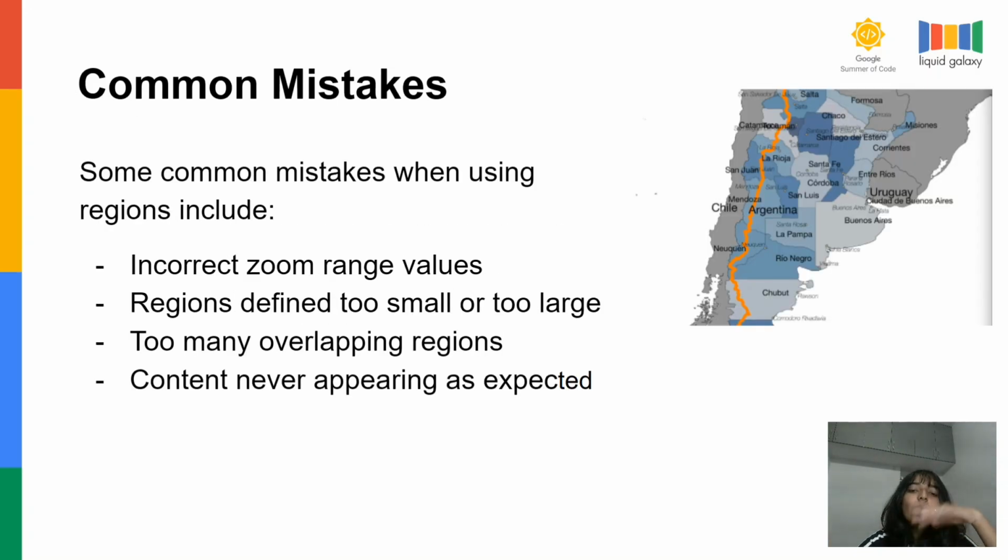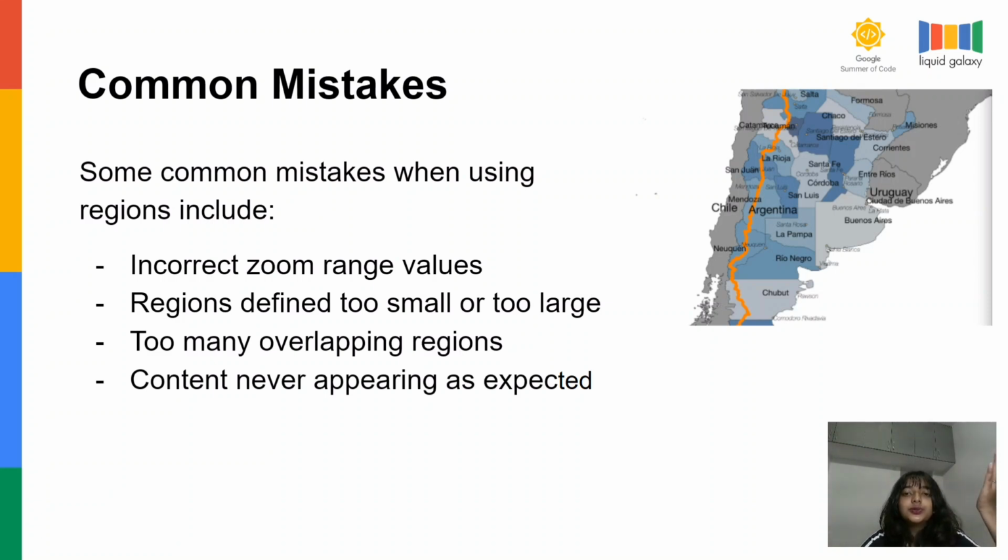Common mistakes. A very common mistake is assuming regions will work perfectly fine without testing them. Sometimes content never appears, not because the region is broken, but because the zoom range is incorrect.